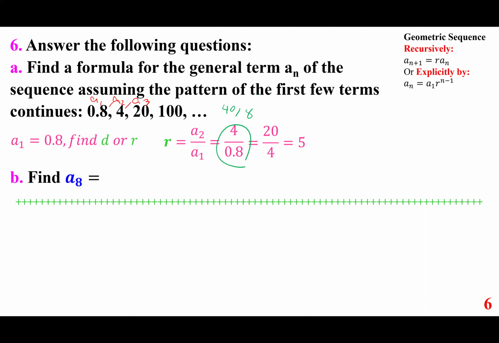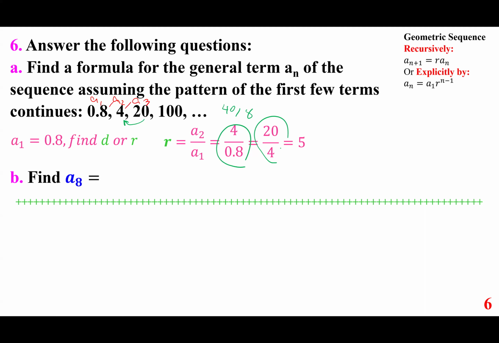And since they mentioned the pattern follows, you really don't have to, but if you divide 20 by 4, you get 5. I hope you see that. And so that's why we did this ratio and this ratio. We did two of them just to make sure that they are the same, and they happen to be the same. So that indicates that we are dealing with the geometric sequence.